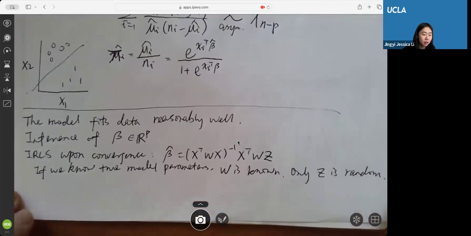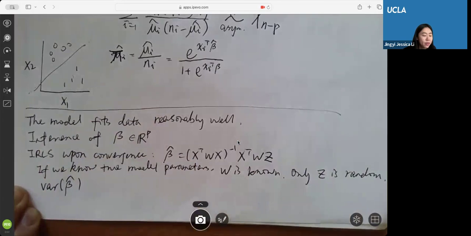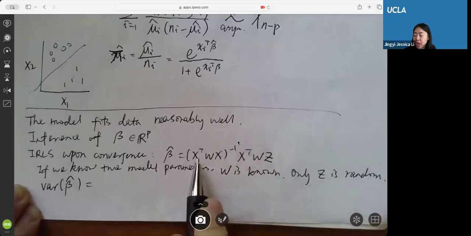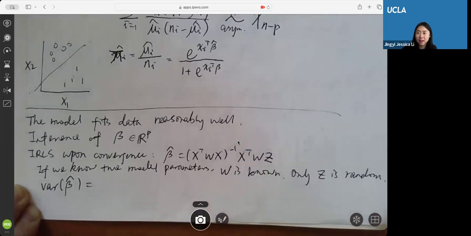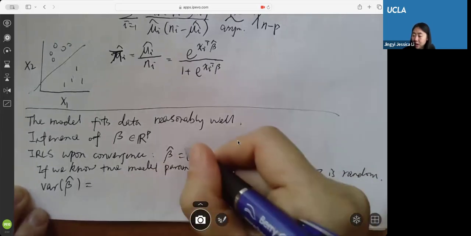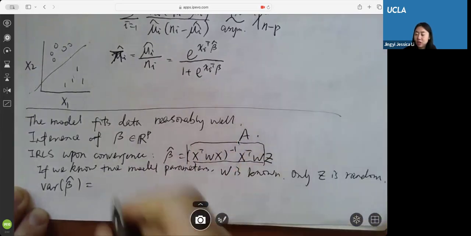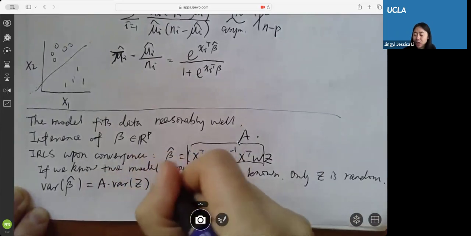So in that case, if we calculate the variance covariance matrix of beta hat, it's just based on this Z. We will treat this whole series of matrix products before Z as a matrix left-multiplied to Z. If I call this matrix A, then the covariance of A times Z is A times the variance covariance matrix of Z times A transpose.